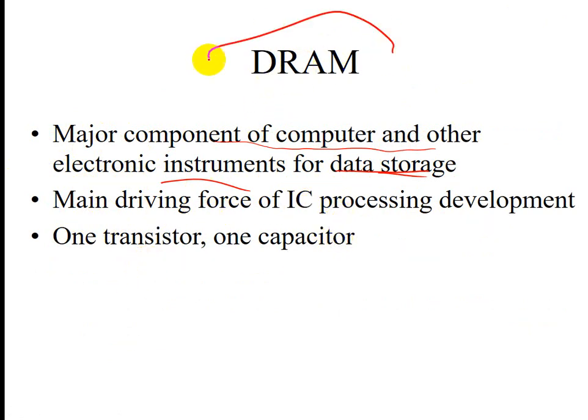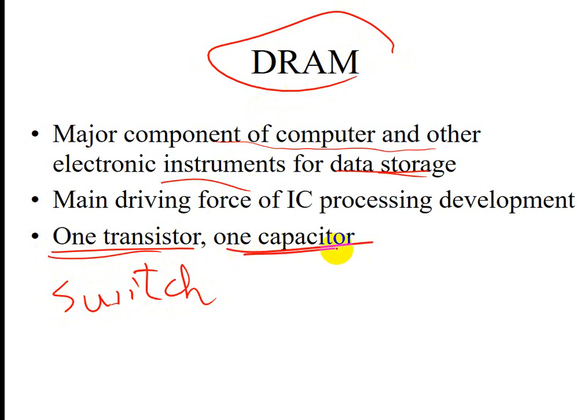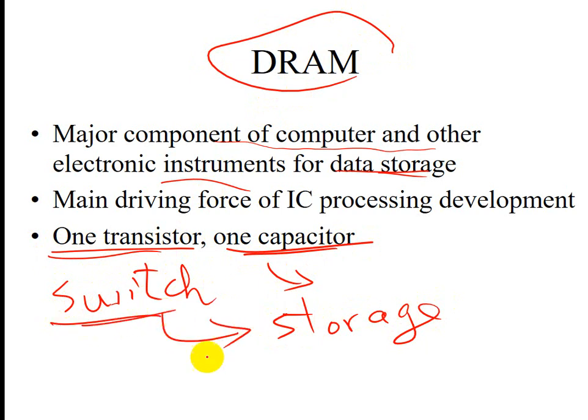What is DRAM? One transistor as a switch, one capacitor as storage, using this switch to input a signal, store the signal, or release the signal.